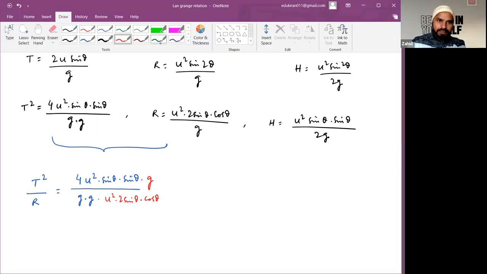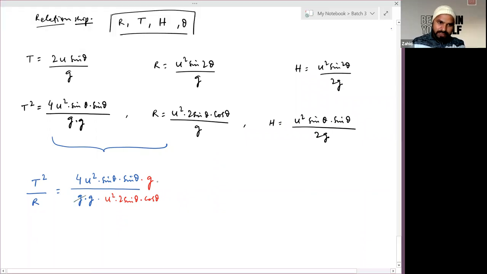If we cancel out each common term, this g and this g will cancel out, u square will cancel out, sine theta and sine theta will cancel out. 2 and 4 will cancel out. So on rearranging, you will get g times t squared equals 2R tan theta.